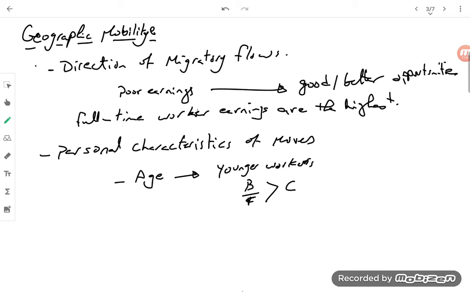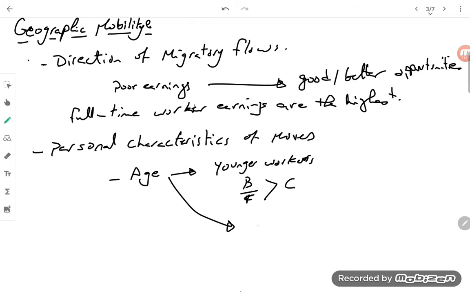Another reason younger people are preferred is that most of the cost of migration is psychic. It's related to giving up friends, community ties, etc. And this is going to be minimal for younger people compared with old people. So this is factor number one.